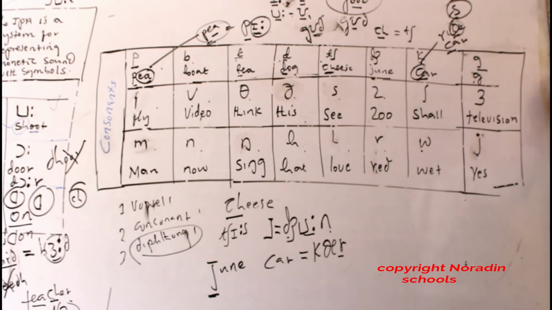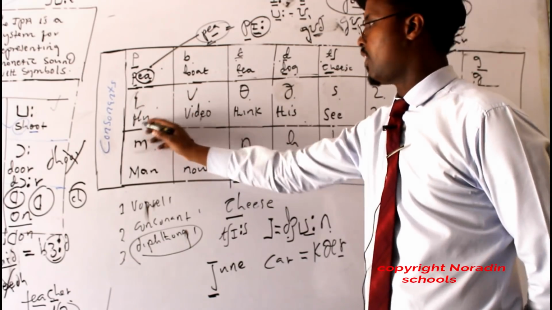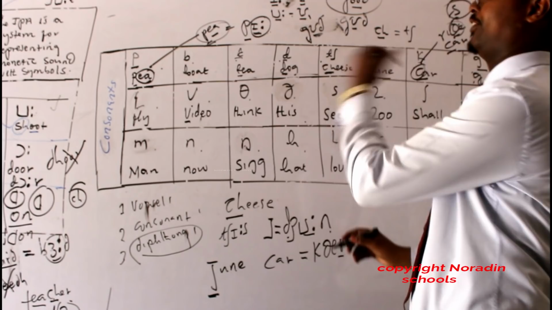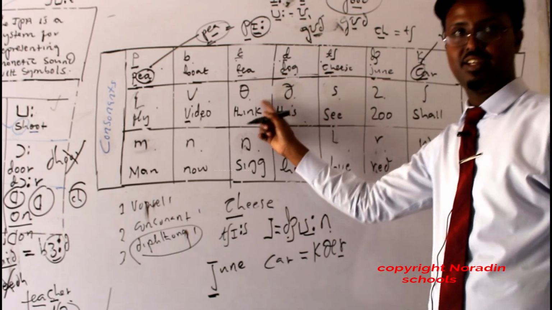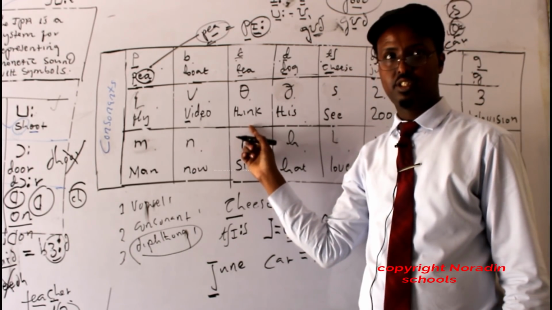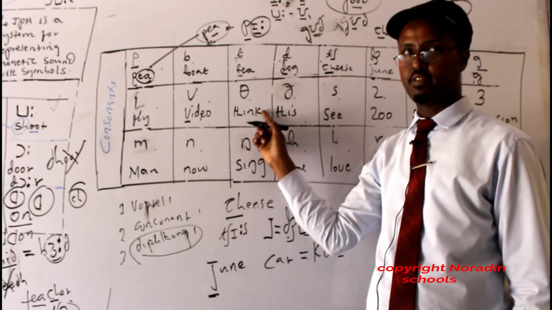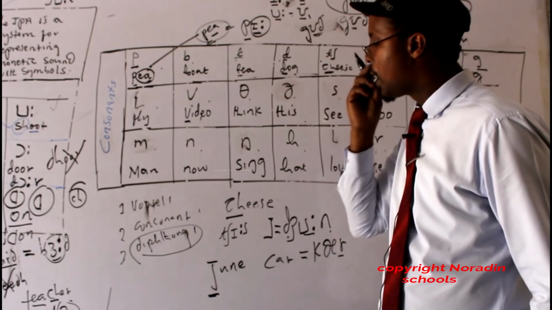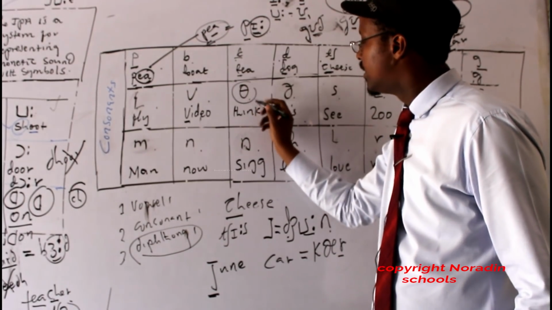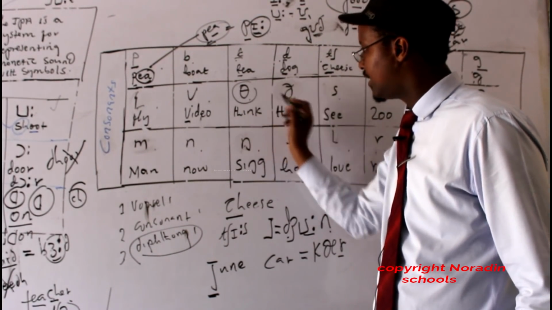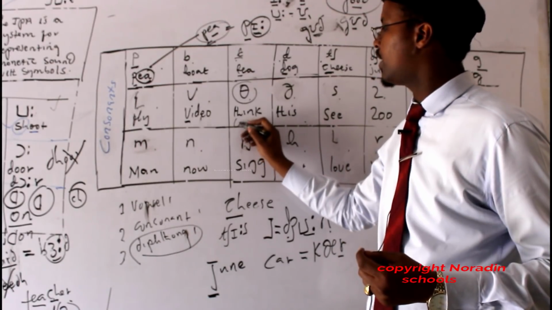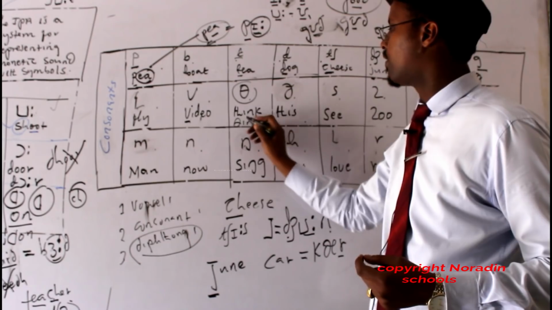G is the same. F never changed, fly. V never changed. But this one changed. A lot of students confuse this. Think. This symbol, the O with a line in the center, becomes the sound like in think.